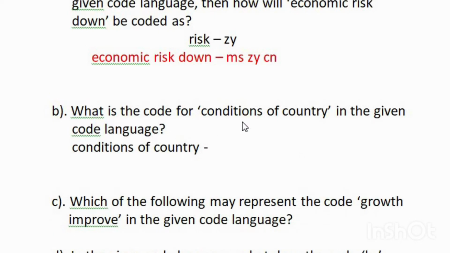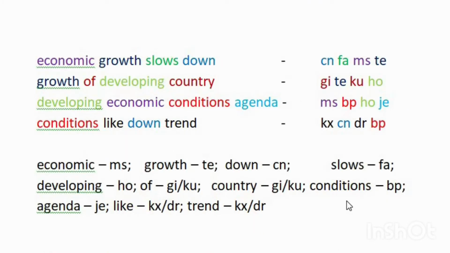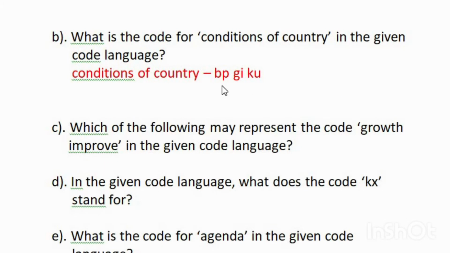Second question, what is the code for conditions of country in the given code language? We got the code for conditions, it is BP, and the code for of and country is either GI or KU. So the required answer is BP, GI, KU.